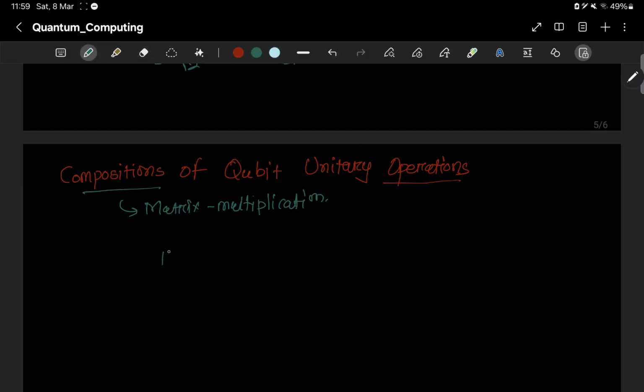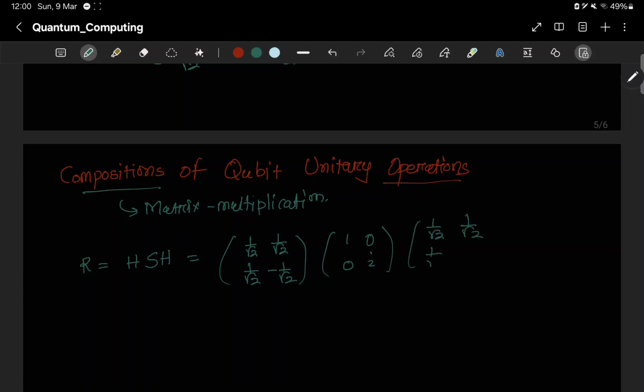Let's say you applied the Hadamard operation to a state, then you applied the S operation to the resulting state, and again you applied another Hadamard, and let's call this R. This means we'll just multiply the matrices to get the resulting unitary matrix from these three operations: 1 0 0 i, and 1 by root 2, 1 by root 2, 1 by root 2, minus 1 by root 2.